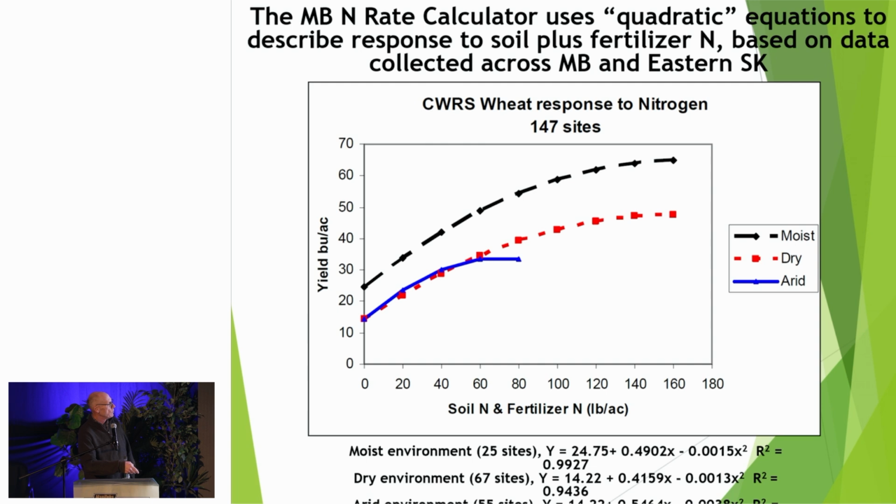In ours, we were able to put soil and fertilizer nitrogen on the bottom. Here's, I think it said, 25 studies with non-moisture limiting yields under dry conditions, and 67 studies, and about 150 prairie studies in all, that gave us some confidence in how a generalized yield curve might look. And now I can apply some economics to this based on crop prices and fertilizer prices.